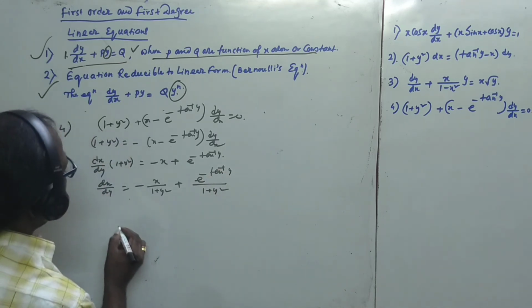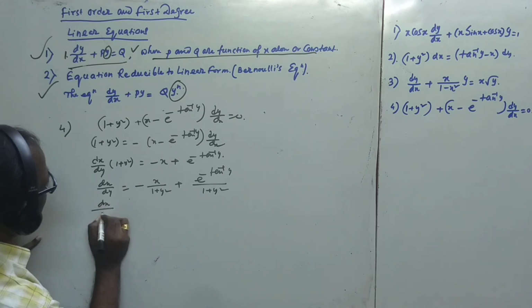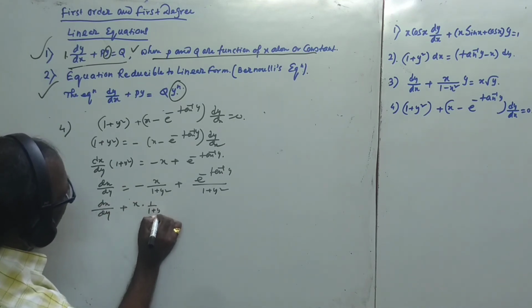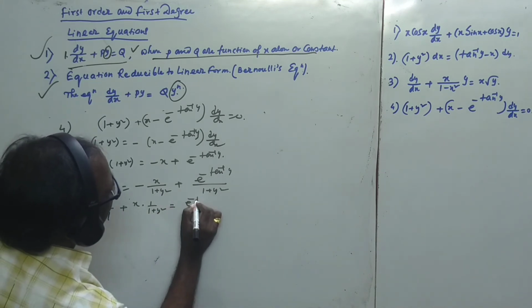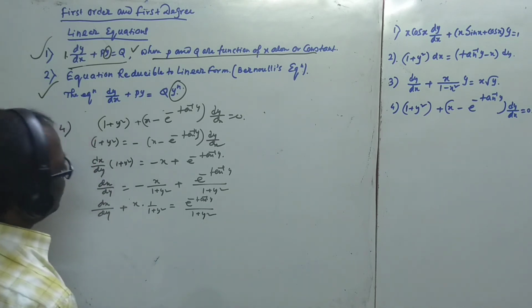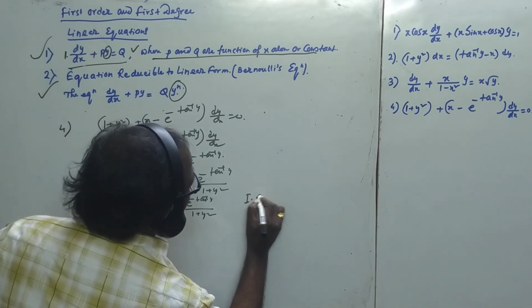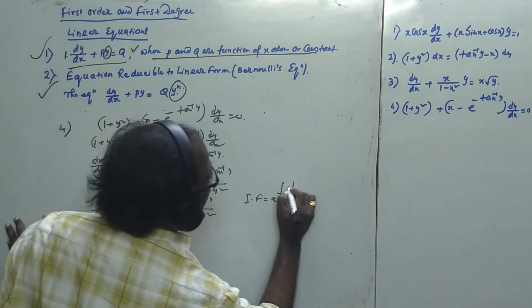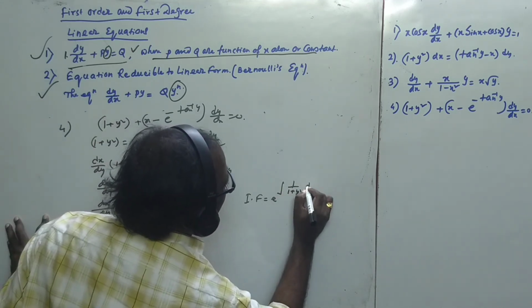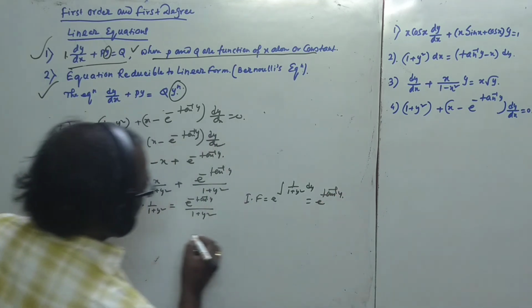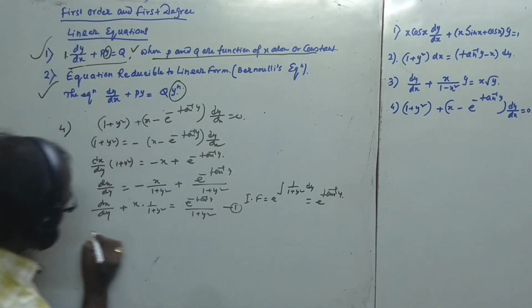Again dx/dy plus x times 1 by 1 plus y square equals e to the power tan inverse y by 1 plus y square. Now the integrating factor is e to the power integral of p dy, where p is 1 by 1 plus y square, so it is e to the power tan inverse y. This is equation 1.